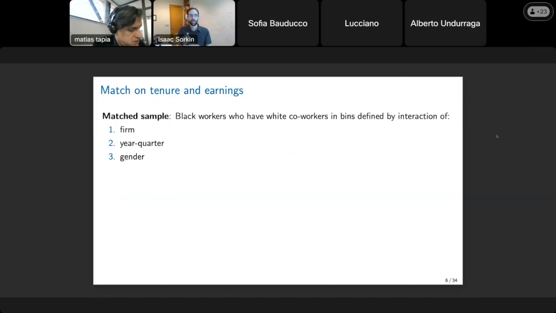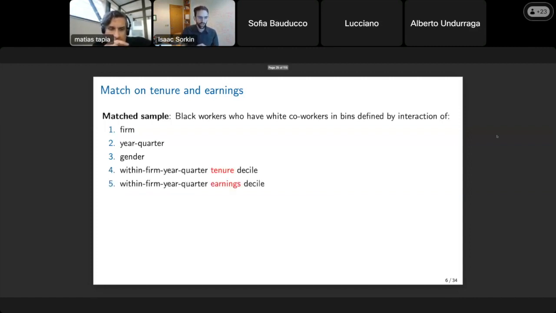Okay, so then I'm going to match Black and white workers on both tenure and earnings. The match sample is going to be Black workers who have white coworkers in bins defined by the interaction of firm, year, quarter, gender, within firm, year, quarter, tenure and earnings deciles, and then absolute state, year, quarter, earnings and tenure deciles.